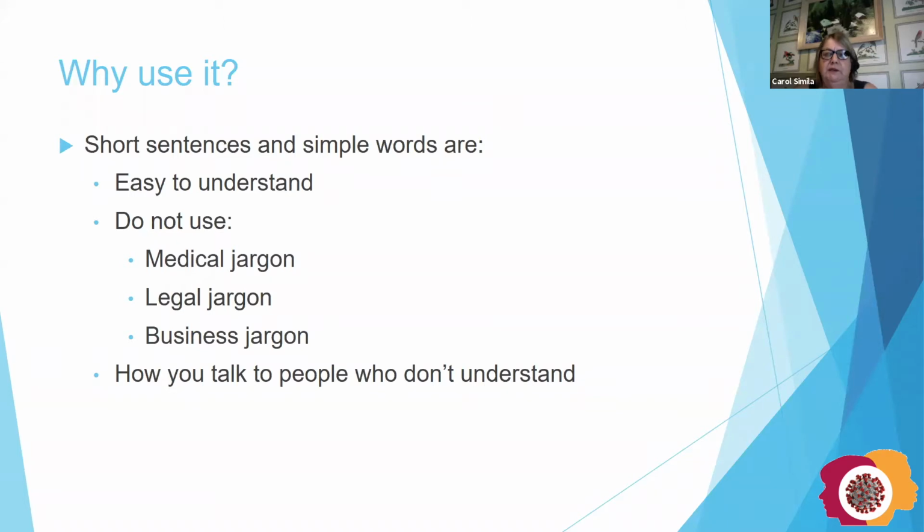Another way of thinking about it is it's the way you talk to people who don't understand. If you're speaking to someone and you're going along in your little clip and they're giving you signs that they don't understand, wouldn't you stop and rephrase what you're saying? At least slow it down or maybe ask a few questions.